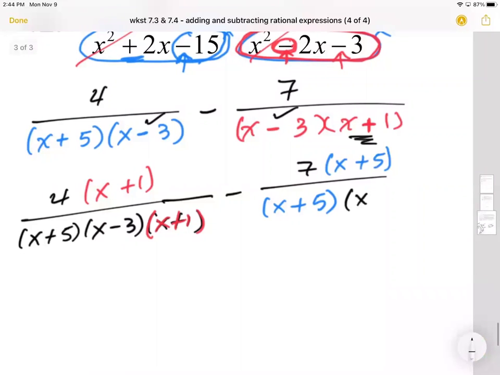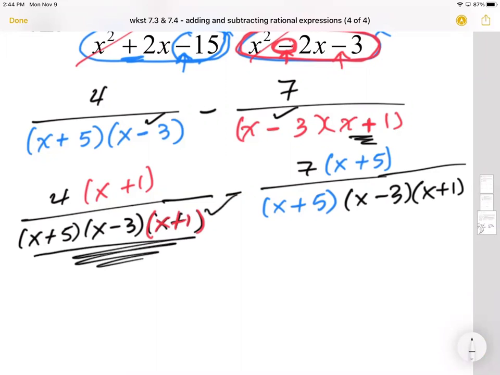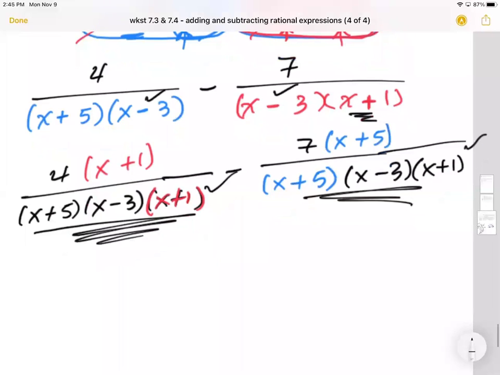And again, this item right here, x minus 3 and x plus 1, is the same. So as you can see, our goal is met. My denominator is the same. For the other problem, our objective was to eliminate the denominator. In this particular problem, our objective is that the denominator is the same.